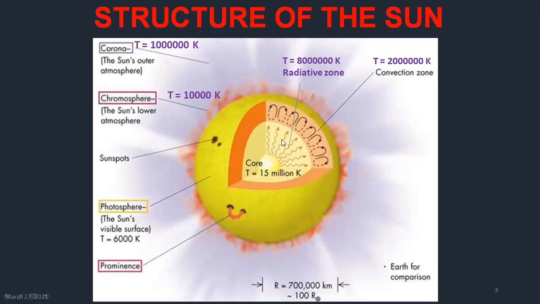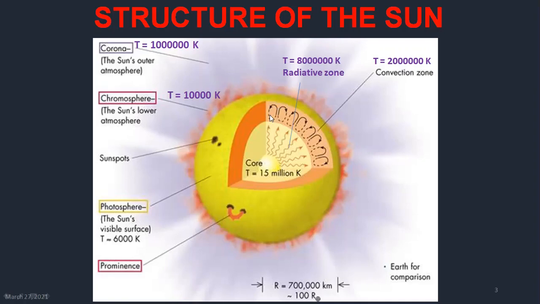Above the core, there exists the radiative zone with a temperature of about 80 lakh Kelvin. In the radiative zone, the temperature and density are also very high. That's why in this region, the energy propagates via the process of radiation. The radiative zone is covered by the convection zone with a temperature of about 20 lakh Kelvin.